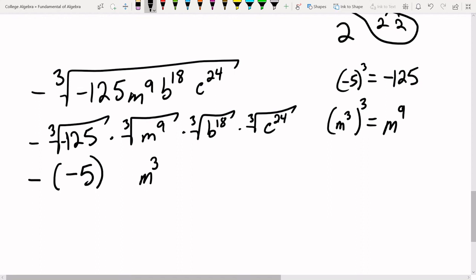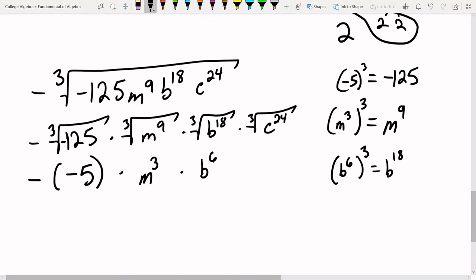You can ask the same question for the b, b to the 18. What to the third power equals b to the 18? Well, b to the 6th power, because with a power to a power, we multiply the powers. 6 times 3 is 18. So we get b to the 6th.